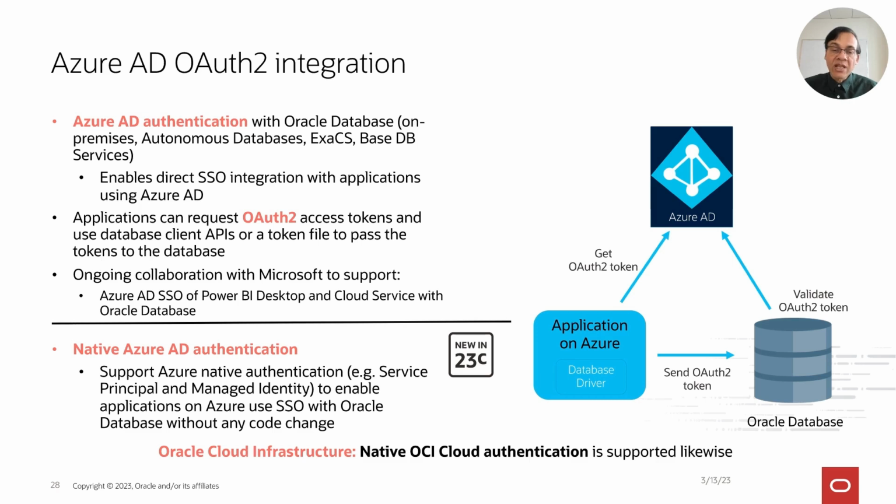But in 23c, we are allowing an application to just specify the authentication mechanism through the connect string, and then the driver will get the token and refresh the token from Azure AD or OCI IAM and send it to the database. So this will allow all your existing applications to use the Azure AD or OCI IAM integration without any code change. As I mentioned, along with Azure AD OAuth2, we are also supporting native OCI cloud authentication for Oracle Cloud Infrastructure.